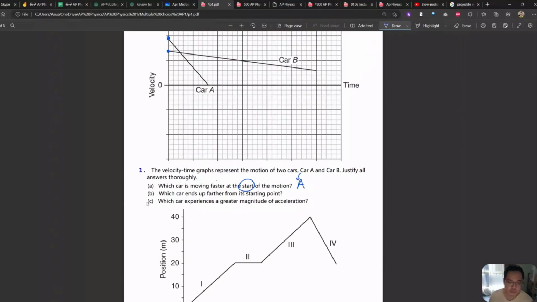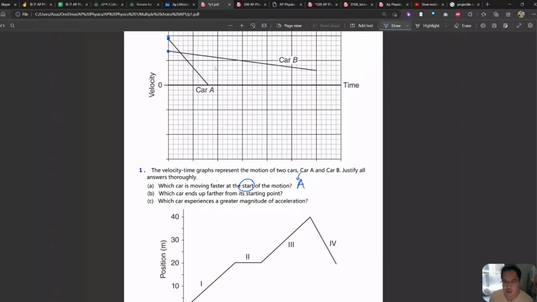Which car ends up farther from its starting point? B. Why? Because the time taken is longer. Not necessarily, because if the speed is lower, then a longer time does not certainly mean that the object will travel further.